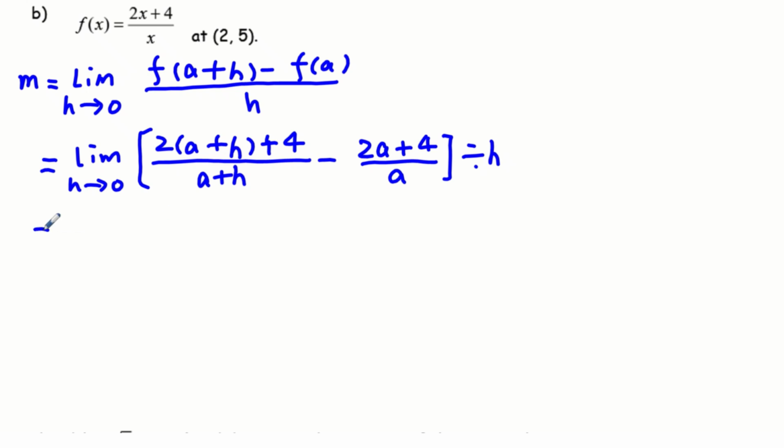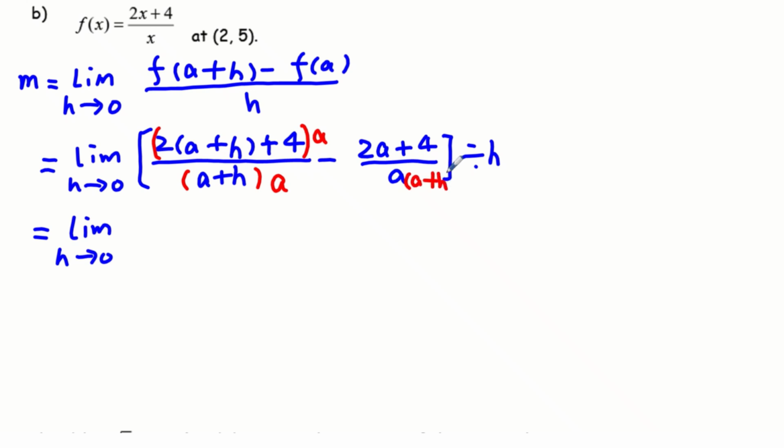For this one, you have fraction subtraction. What we have to do is combine them into one fraction by using the common denominator. So this one is a plus h, and the common denominator will be just these two multiplied. So the first term is times a value, and the second term is times a plus h.